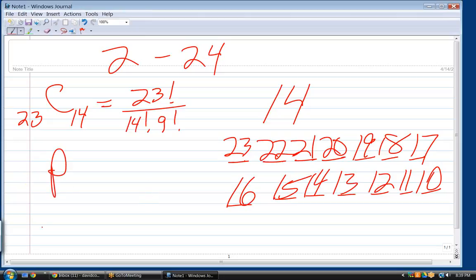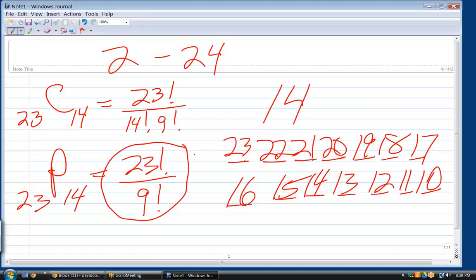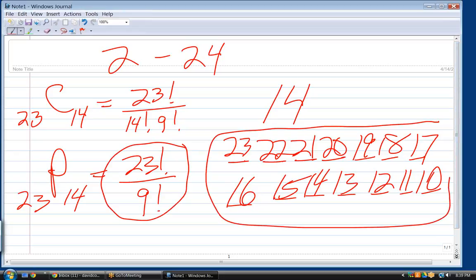If it was a permutation problem, it would be 23 factorial over just 9 factorial. Does that equal this? Yeah, it does. It's a permutation problem.